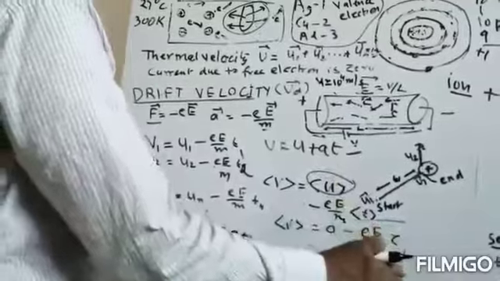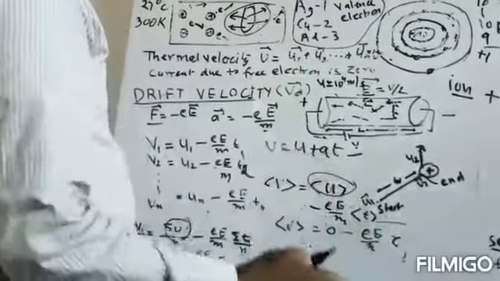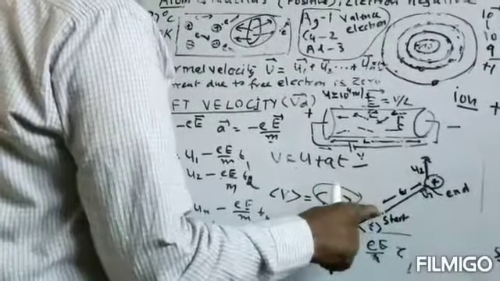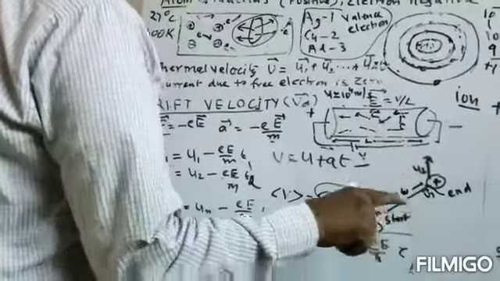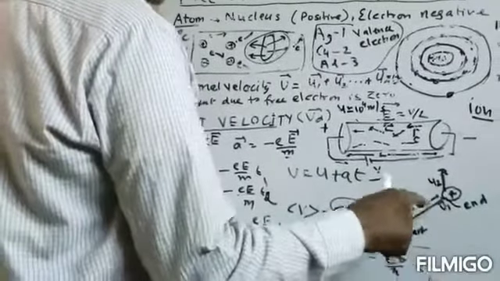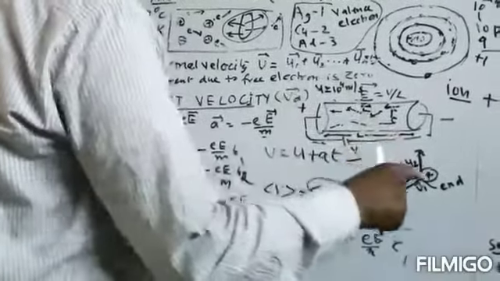Now what is tau? We will define tau. Here we know that where the electron starts here and collides here, its path will be a straight line. Now in between these, the electron is relaxed, meaning it is not colliding with another.